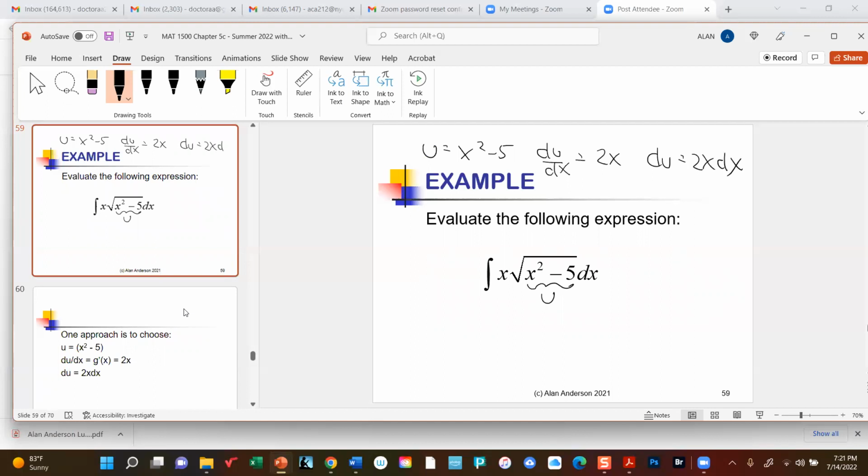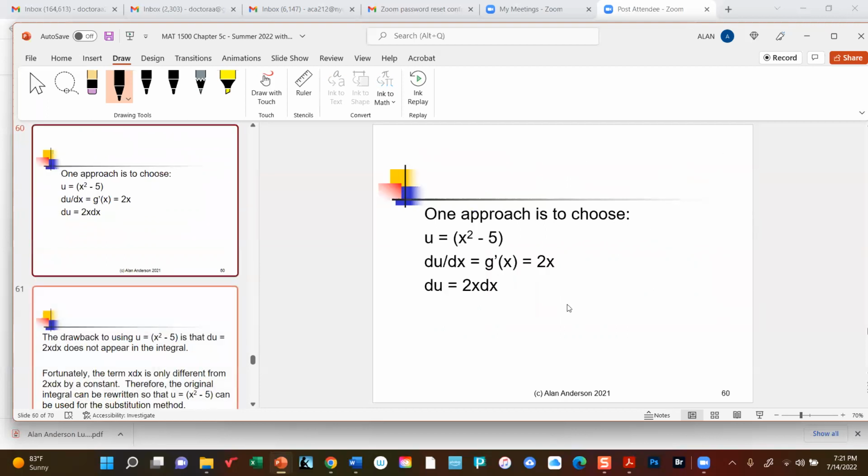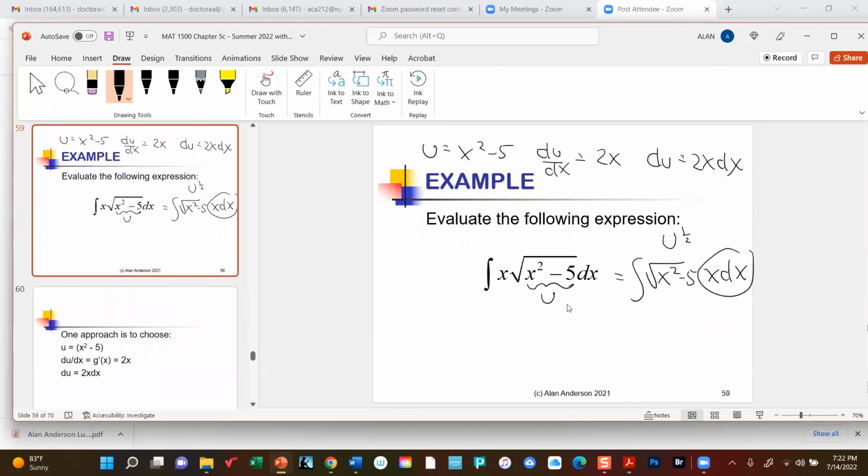So you look at it and say, oh, wait a minute now. We're almost there. This is u to the 1/2. But this is not equal to du. But here's what we can do to get around this problem. Let's try this.